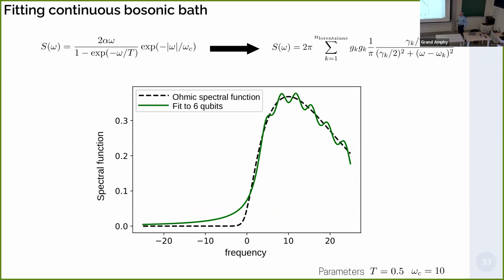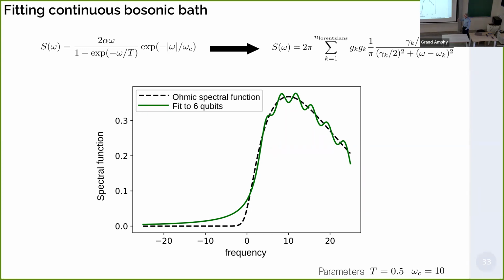And let me give you an example. Basically, the bosonic bath of the spin-boson model is always described by some spectral function. This is, for example, shown here in black. This is the ideal spectral function that we would like to have in our original open system model. And now how do we recreate this on the quantum computer? Let's say we have 6 qubits and do a fitting here.